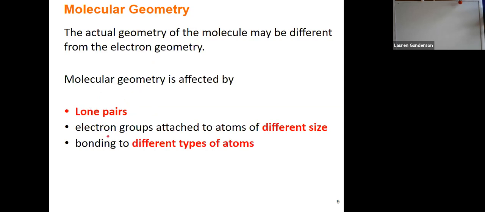You also might have electron groups that are different sized, or not the electron groups, but they're going to be attached to things that are different sizes. Or you might have electron groups attached to molecules that have a very different electronegativity. So any of these things can affect the shape. But the big one that you have to watch out for here is the lone pairs. The lone pairs are going to significantly alter the shape of the molecule and make the electron geometry and the molecular geometry very, very different.